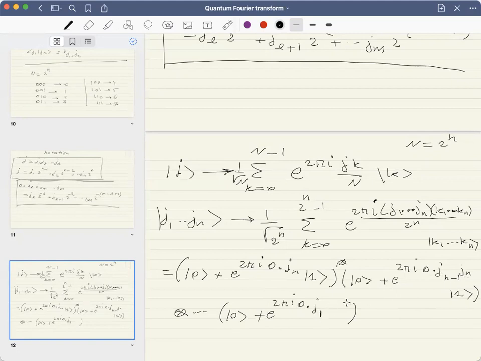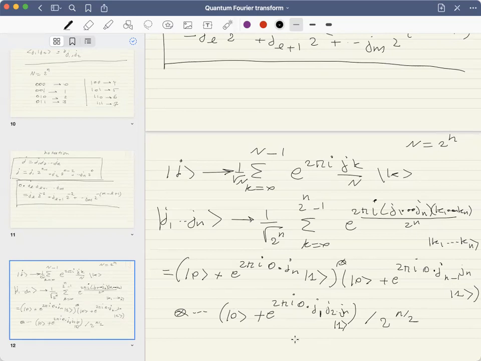Every time I add another digit, starting from J1. And then the whole thing is divided by 2 to the n over 2.